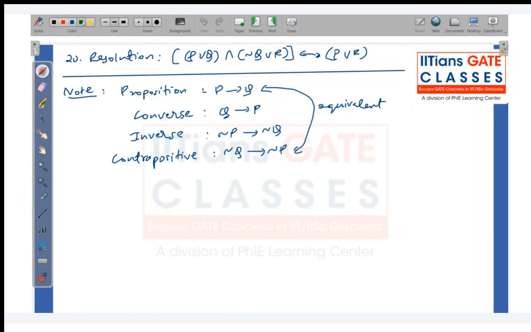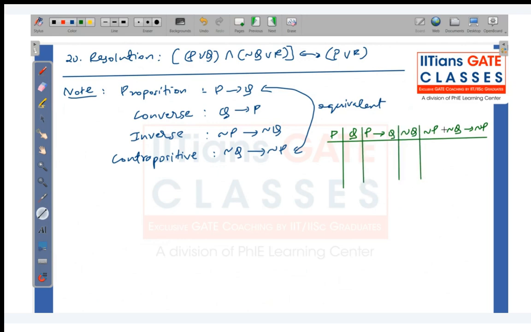Now let's quickly verify this. I'll take P, Q, P implies Q, negation Q, negation P, negation Q implies negation of P. P is 0, 0, 1, 1 and Q is 0, 1, 0, 1.